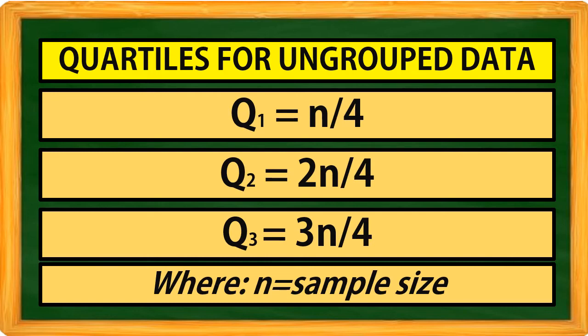In the first quartile, n divided by 4, in the second quartile, 2n divided by 4, and in the third quartile, 3n divided by 4, where n is the sample size.